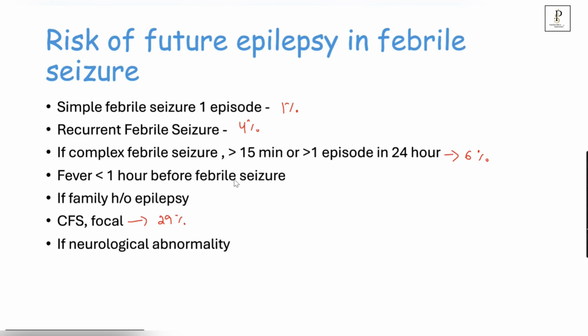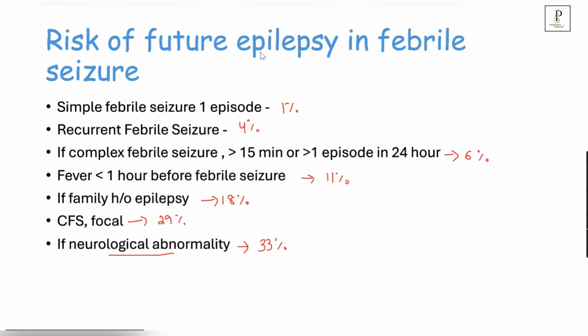If fever is less than 1 hour before the febrile seizure, then epilepsy risk is 11%. If there is family history of epilepsy, then epilepsy risk is 18%, and the highest is neurological abnormality. If it is there, then epilepsy risk is 33%.